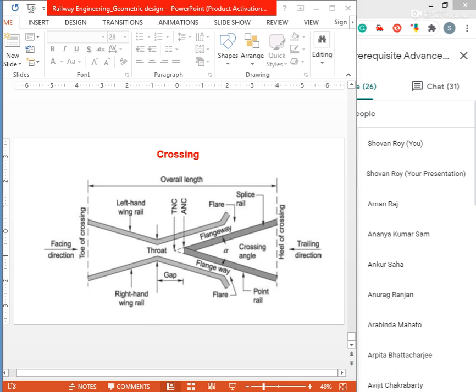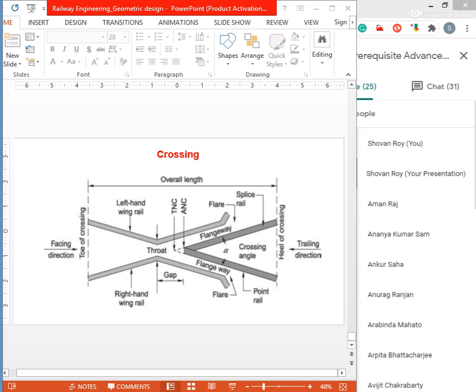In the next class, I think I will show all this: acute angle crossing, diamond crossing, one of the important ones. I have seen a diamond crossing in India only in Nagpur. I have done my BTech from Nagpur. I have seen the diamond crossing.